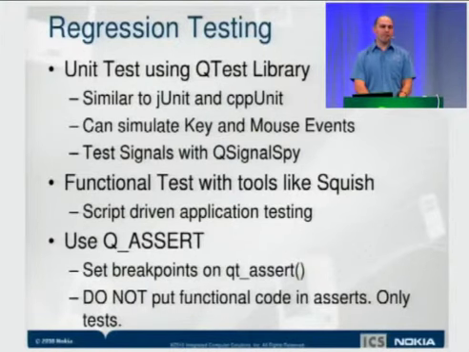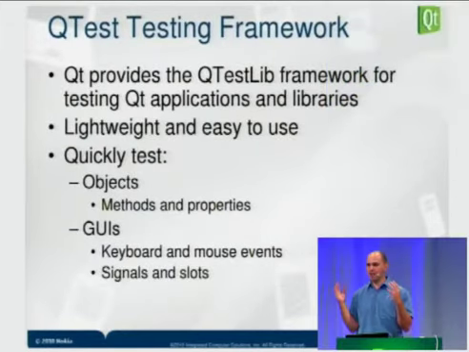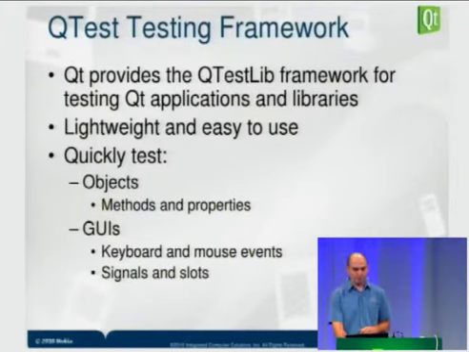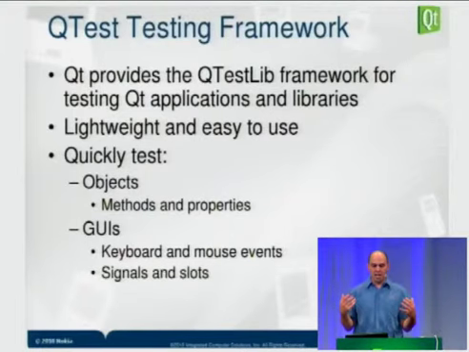The QTest framework is very lightweight, very easy to use. It can test regular C++, it doesn't need to be a QObject, doesn't need to be anything specific to Qt, and it can test widgets. So you can use it to test your whole application in unit tests. The macros are very similar to things you might see in other testing toolkits. You have verify, compare, skip. When things fail, you can have messages associated with them.